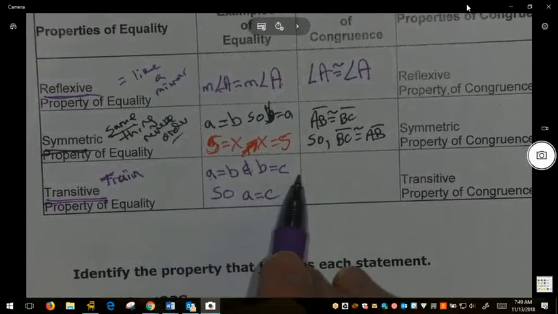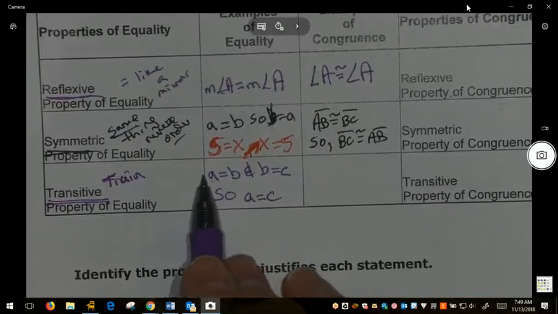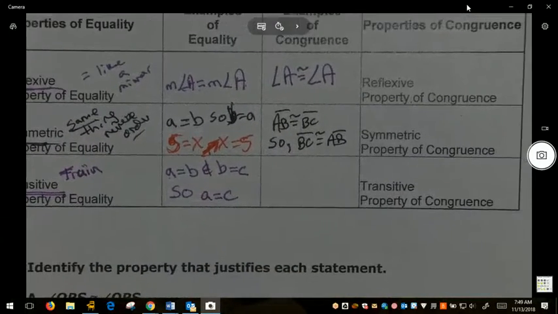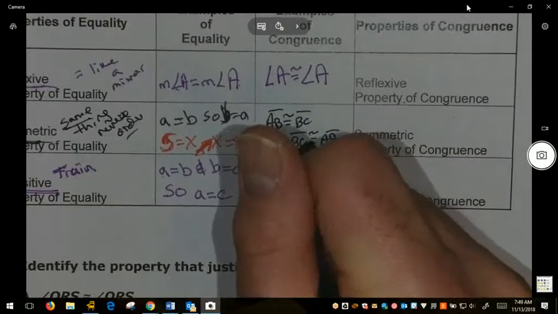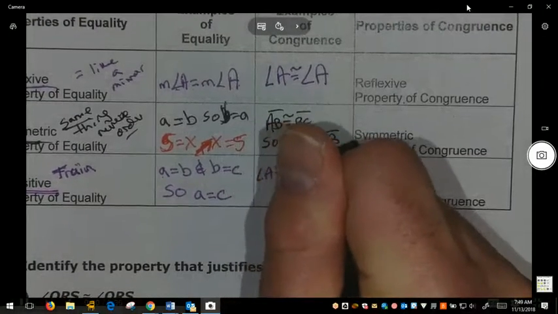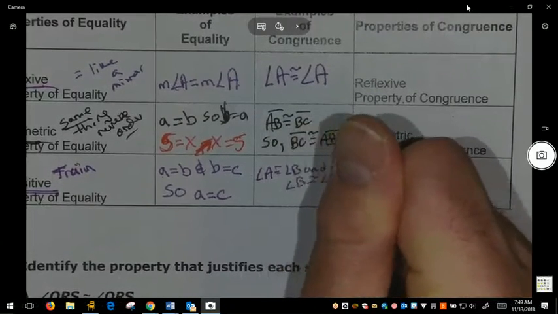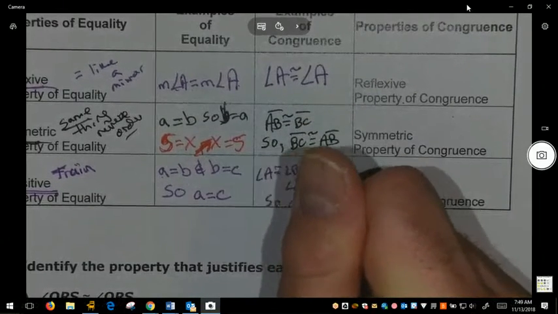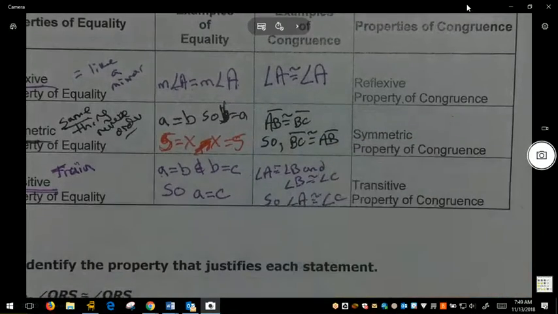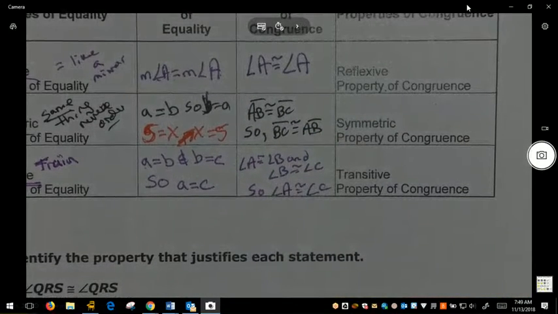Here's the engine, here's the caboose, here's the connector. We get from start to finish. When we're talking about congruence, maybe it's that angle A is congruent to angle B, and angle B is congruent to angle C. So angle A is congruent to angle C, and that would be transitive property of congruence.